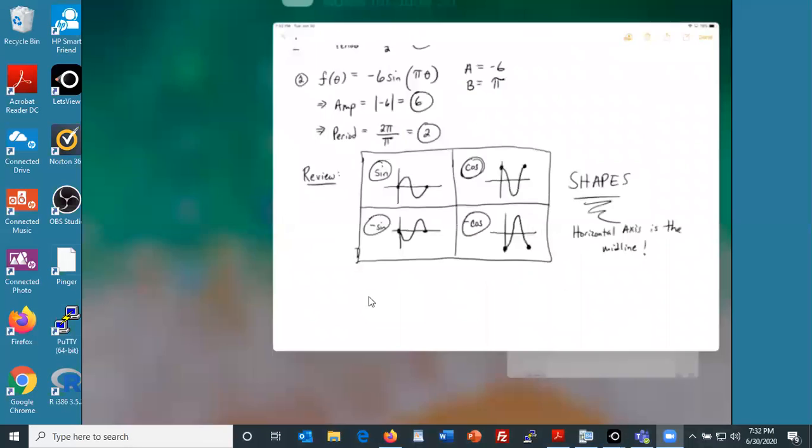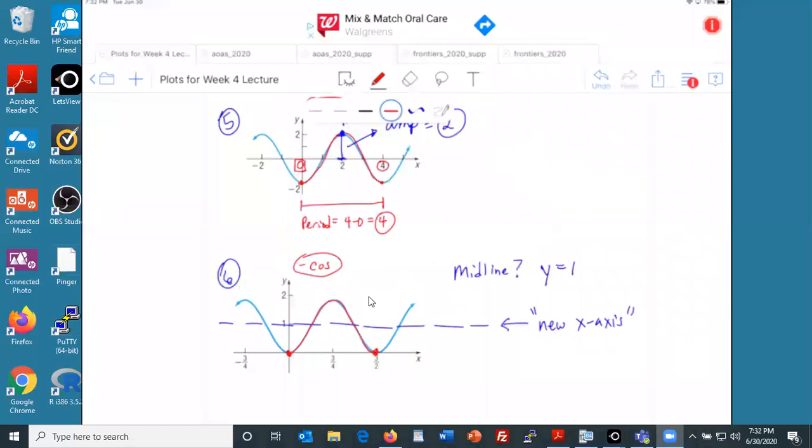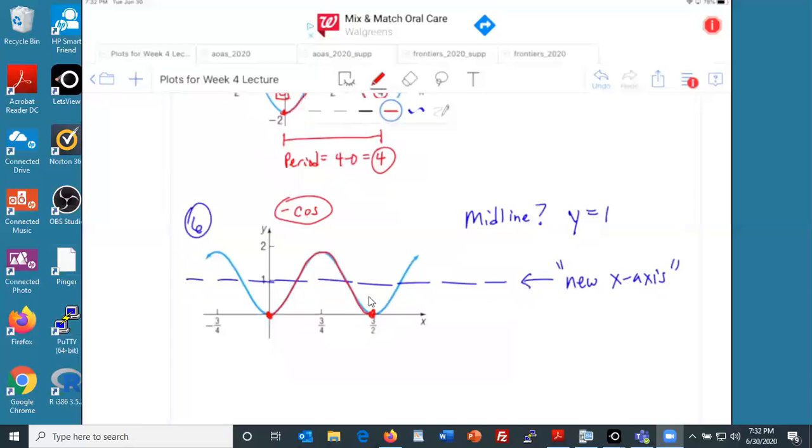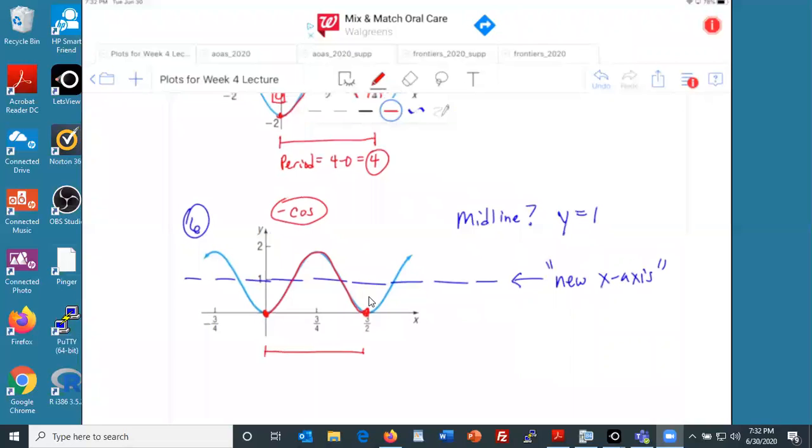Okay. So now let's figure out the amplitude and the period of this graph. So what's the horizontal length? So that would be our period. So it goes from where? 0 to 3/2. So we do 3/2 minus 0 is 3/2.